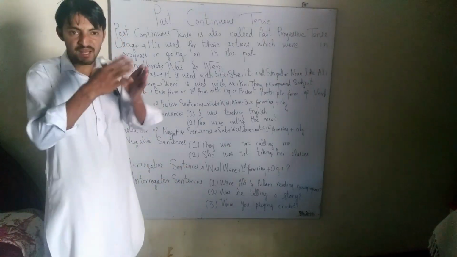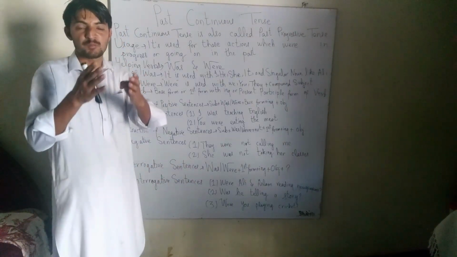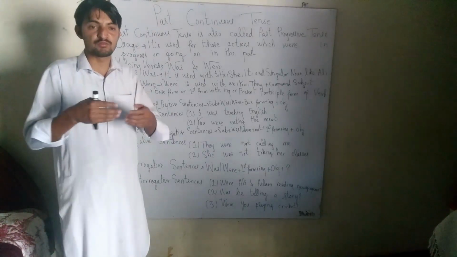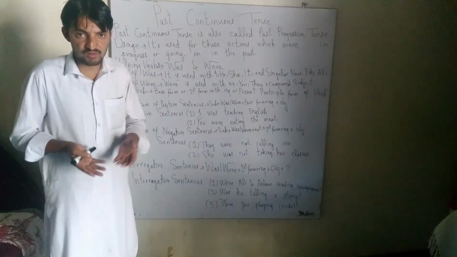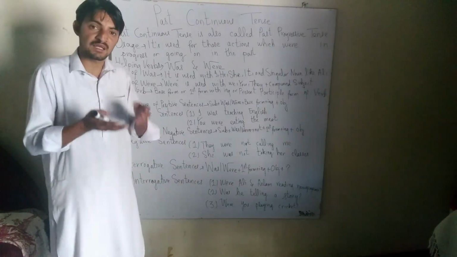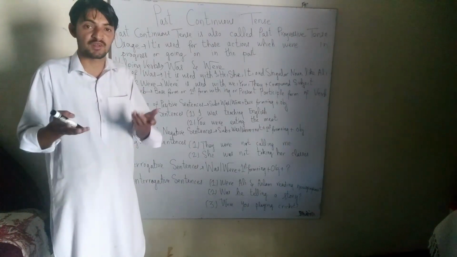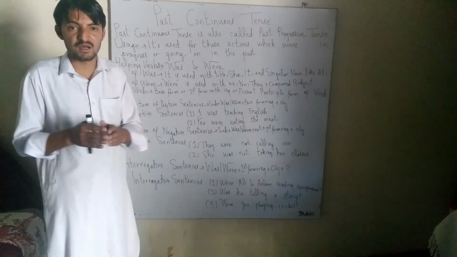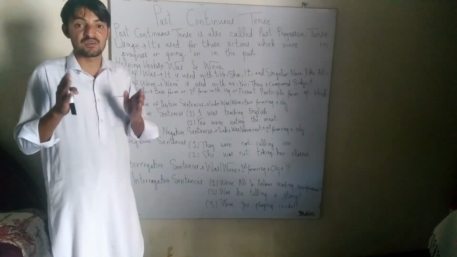We have to bring it back to the beginning of the sentence, because when we have an interrogative sentence, we must add the particular helping verb of the tense at the beginning of the sentence.